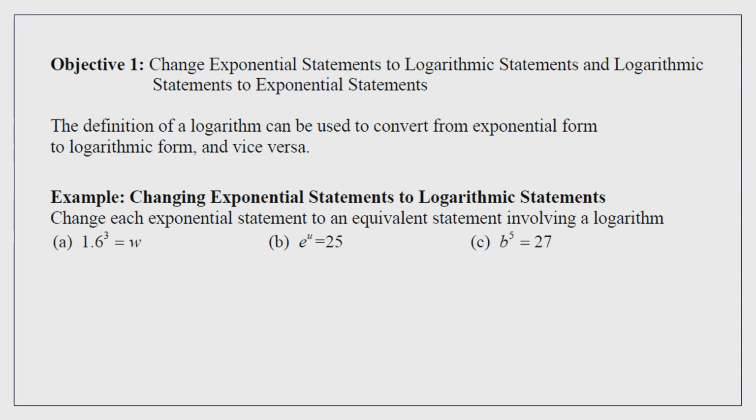The common thing between exponential and logarithmic statements is that your base is going to be the same. And then your equal value and your power switch places. So this exponential statement as a logarithm will be 3 equals the log base 1.6 of w.